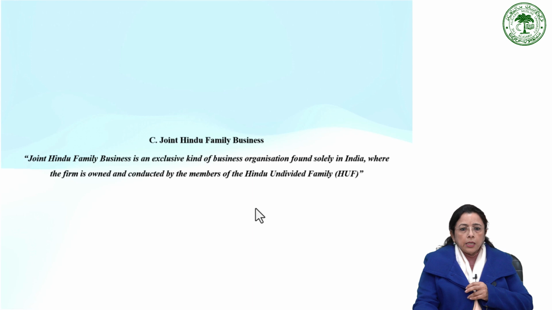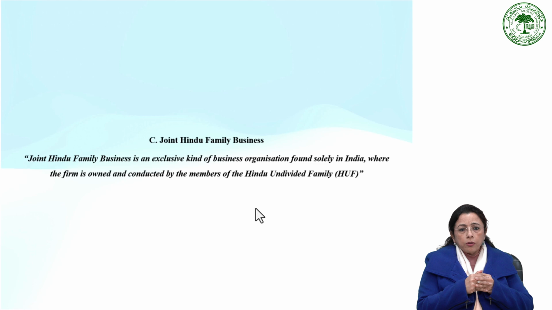The next business structure is the joint Hindu family business. Joint Hindu family business is a very exclusive kind of business organization, which is found solely in India, where the firm is owned and conducted by the members of a Hindu undivided family.